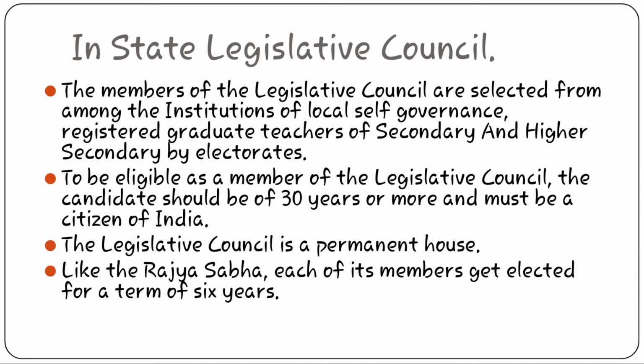Our legislative council, and in Rajya Sabha and Lok Sabha, how are we selecting the members? On page number 74 we have seen the qualification for members of Lok Sabha and qualification for members of Rajya Sabha.